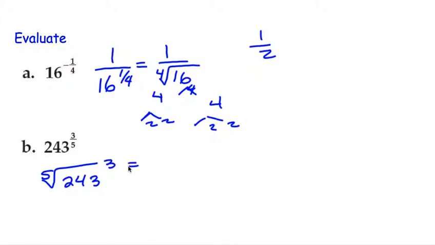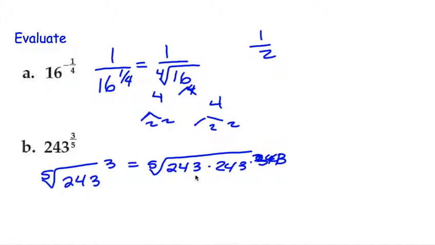We have the fifth root of 243 cubed. Well, we need to take 243 and cube it, and that's going to give me a really large number. So what I'm going to take is the fifth root of 243 times 243 times 243.